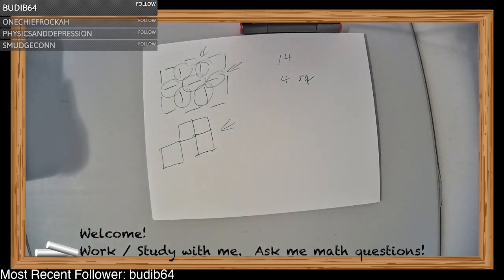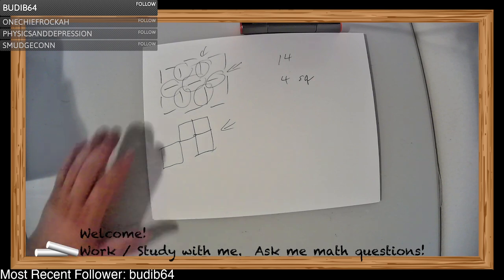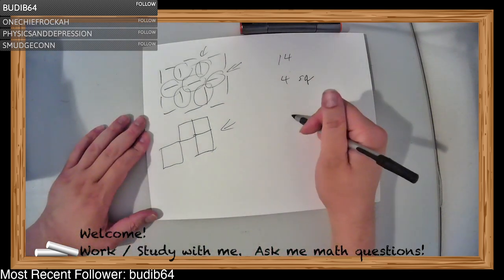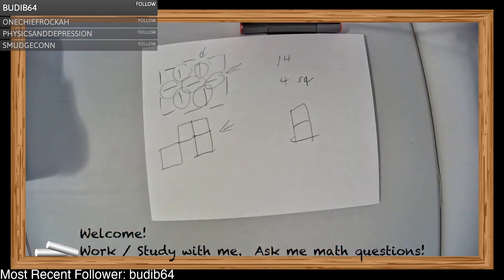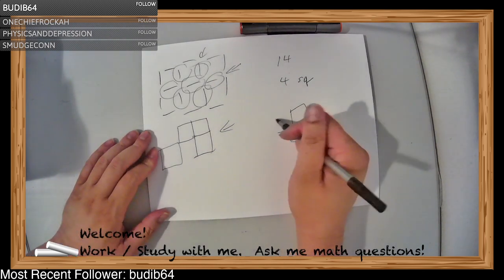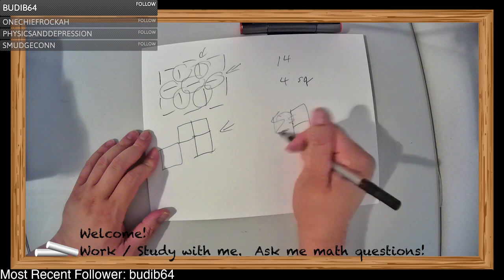But let's say that's not the only answer. Let's say we picked this one to share. Now we have to pick another one to share that is, quote unquote, very different. We can't pick this one because if we picked this square, we'd share another toothpick. So that's out.